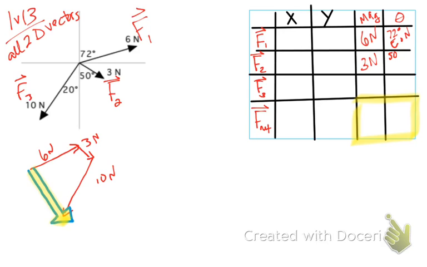Our third one is 10 newtons, and it is made with the south axis, and it goes west from that south axis. So it's west of south. So it's 20 degrees west of south.